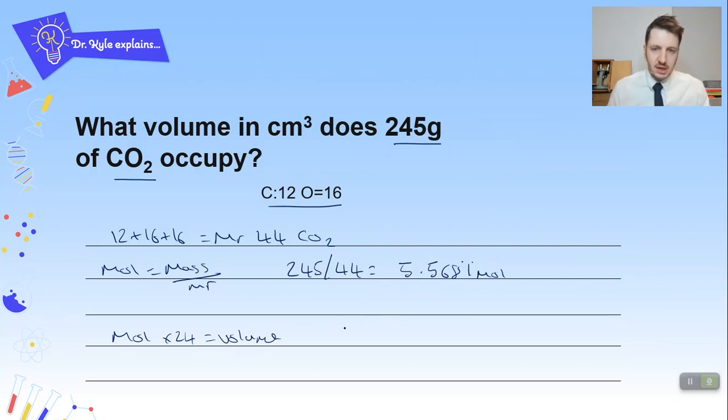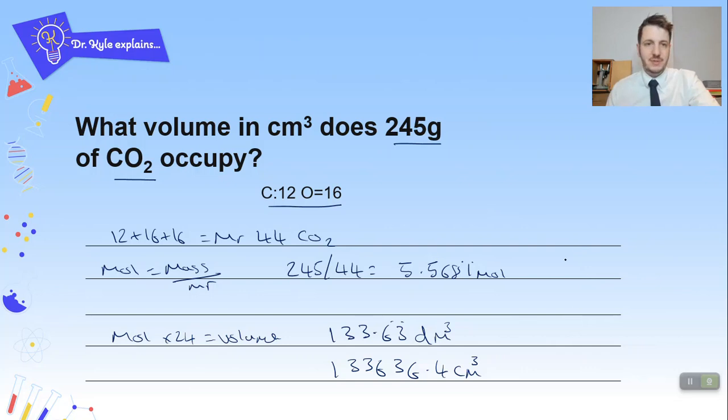That gives me 133.63 reoccurring there. Remember that's in decimeters cubed. So I'll then times that by 1,000. And that gives me 133,636 point, if I round it up, 4 centimeters cubed. Really well done if you got that right.